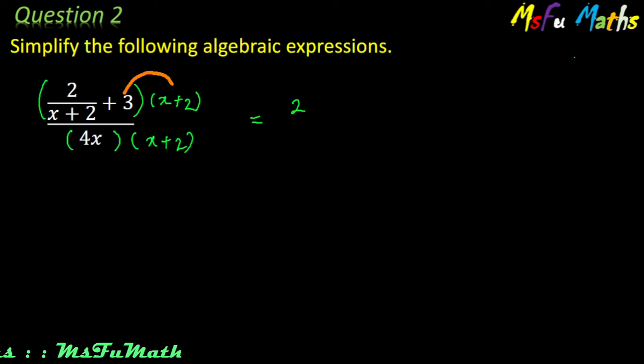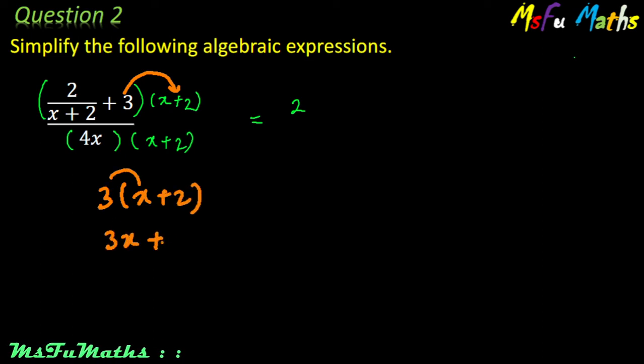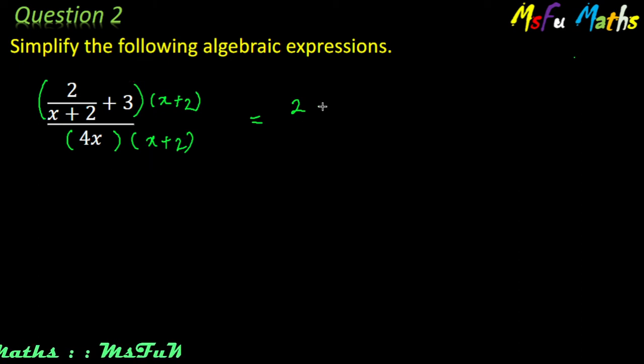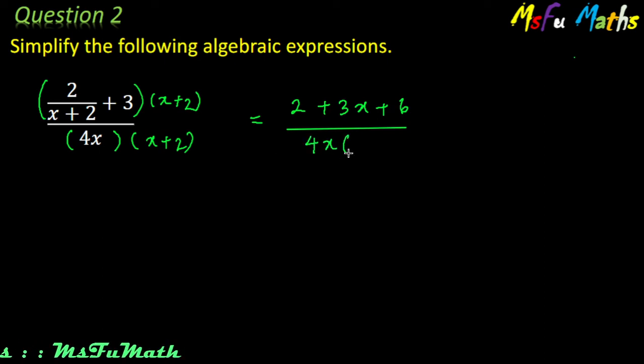For this other term, you need to expand a little bit. 3 times x plus 2: 3 times x is 3x, and 3 times 2 is 6. So we write 3x plus 6. For the denominator, we do not need to expand, just leave it like that: 4x times x plus 2.